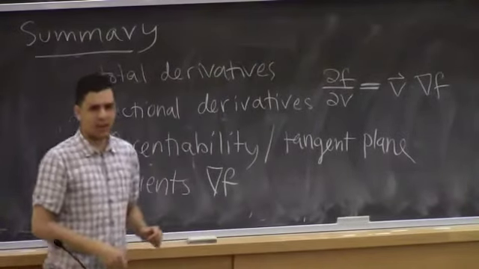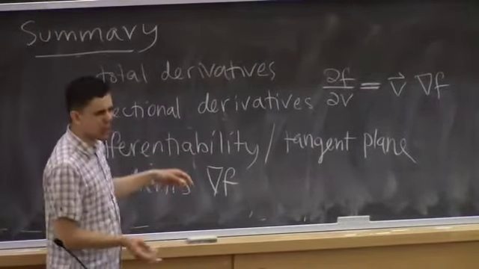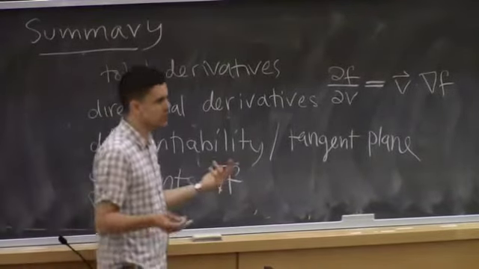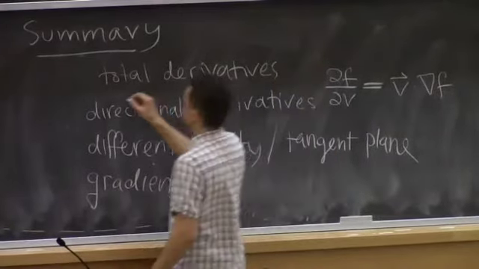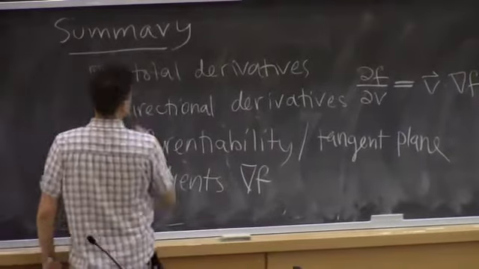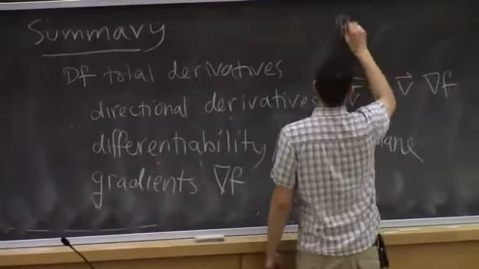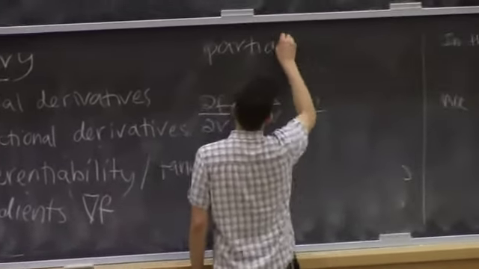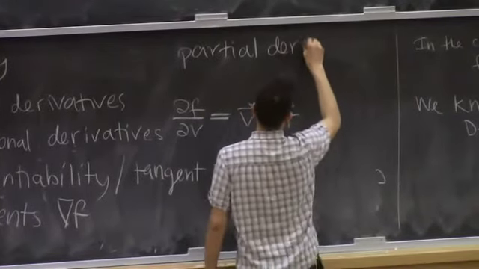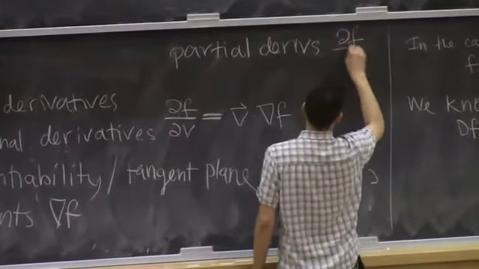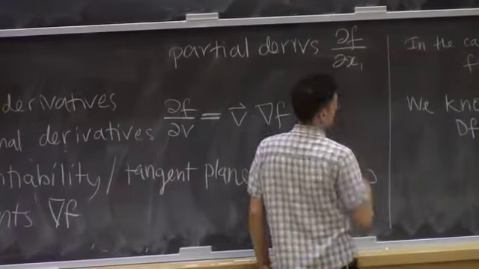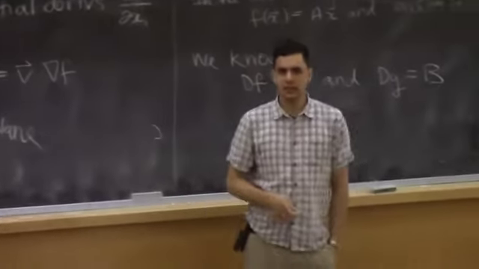I guess beyond directional derivatives, we also had partial derivatives. So let's contrast that. A total derivative is df, and then we had partial derivatives.